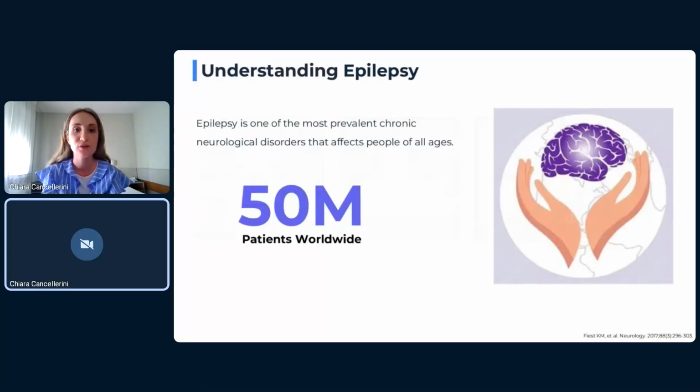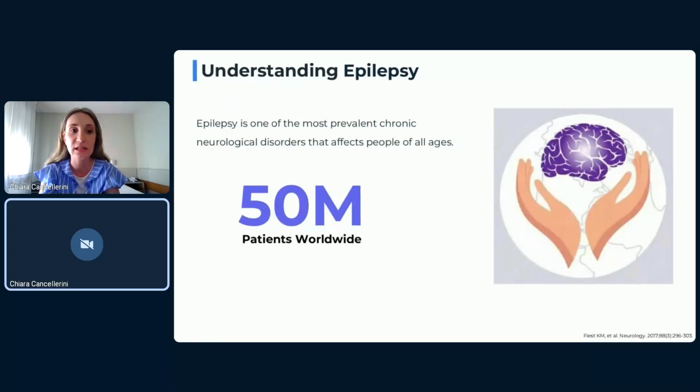First of all, epilepsy is one of the most prevalent chronic neurological disorders worldwide, affecting 50 million patients across all age groups. Clinically, it is characterized by recurrent unprovoked seizures caused by a sudden and abnormal electrical activity in the brain.